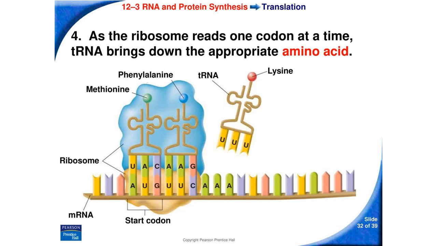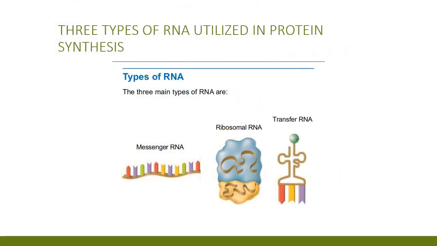And then the tRNA is going to be grabbing amino acids from the cytoplasm from cell eating and from capillary exchange. And then it's going to be bringing it in, and it's going to create these bonds there. Quite amazing. And so there's three different types of RNA associated with this protein synthesis. One is messenger RNA. Two is ribosomal RNA, which is a ribosome, by the way. And three is transfer RNA.